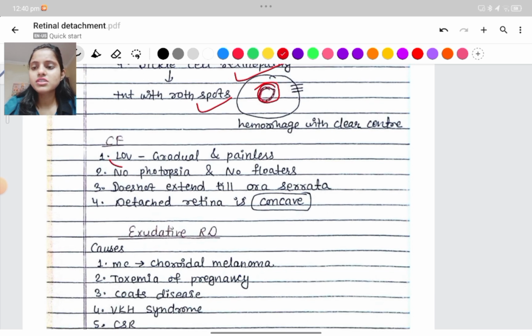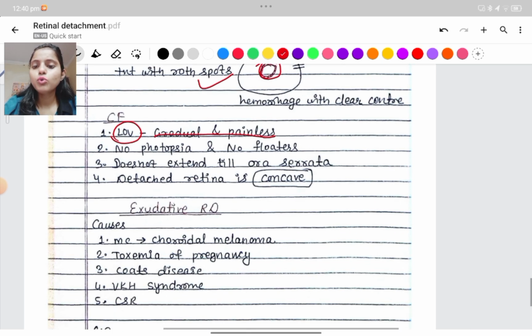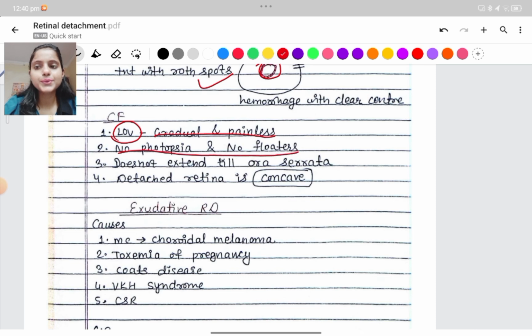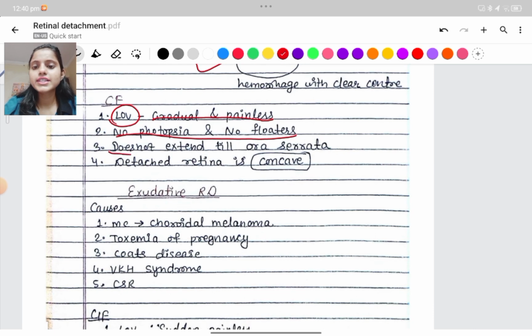Clinical feature will be loss of vision, gradual and painless, no photopsia, no floaters as in rhegmatogenous retinal detachment, and it does not extend till ora serrata. But in rhegmatogenous retinal detachment, it will extend till ora serrata, and the detached retina is convex. In tractional, detached retina is concave.